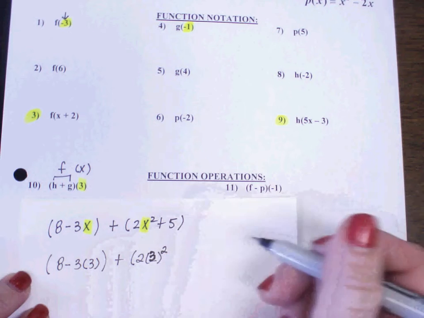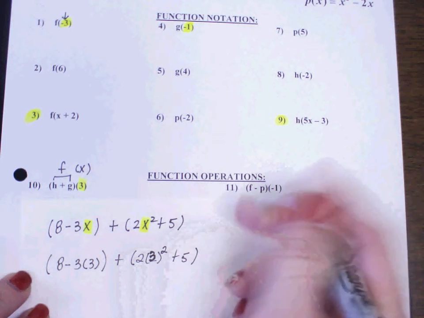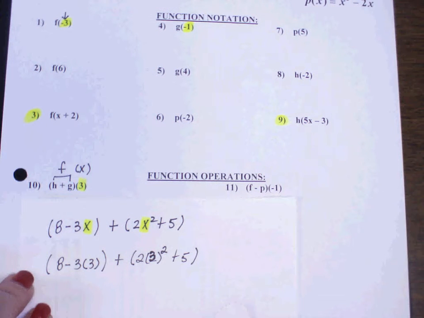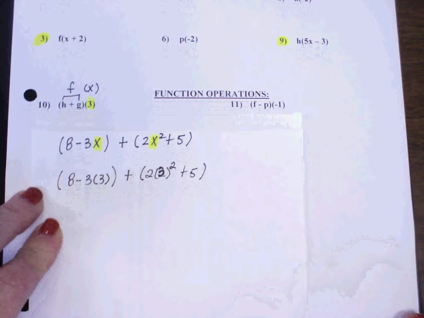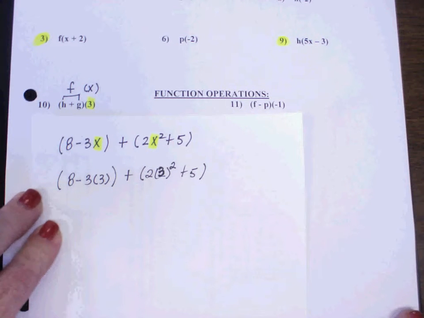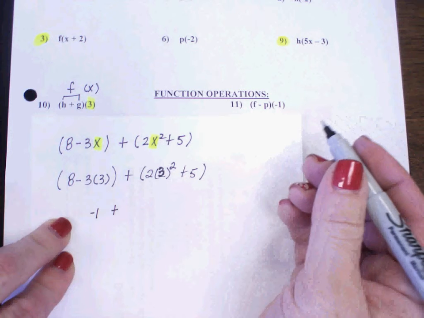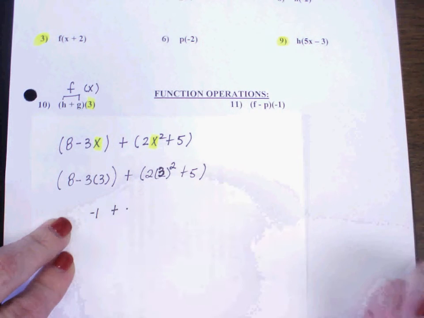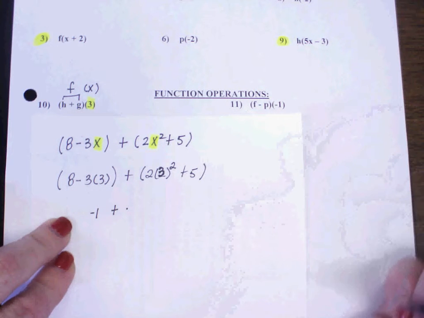I think this is negative 1. 23. You can just do it in a whole step. I'm doing it in my head. So the correct answer would be what? 22.